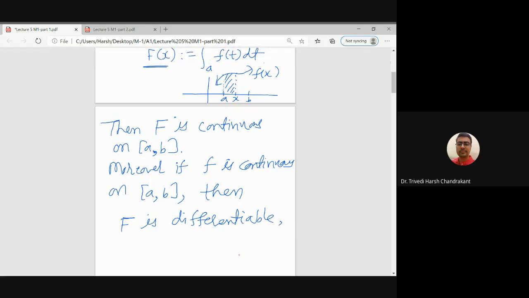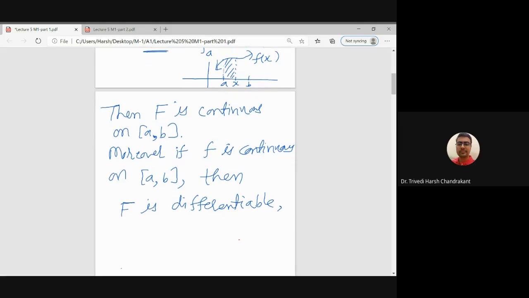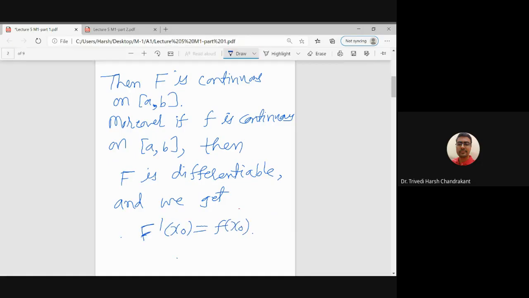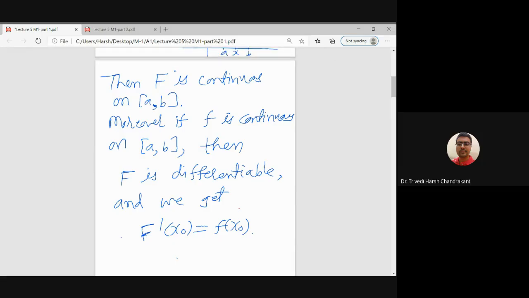So what this gives is that this function is differentiable and we get its derivative at the point x0 is f of x0. So f is continuous at the point x0 in this interval.